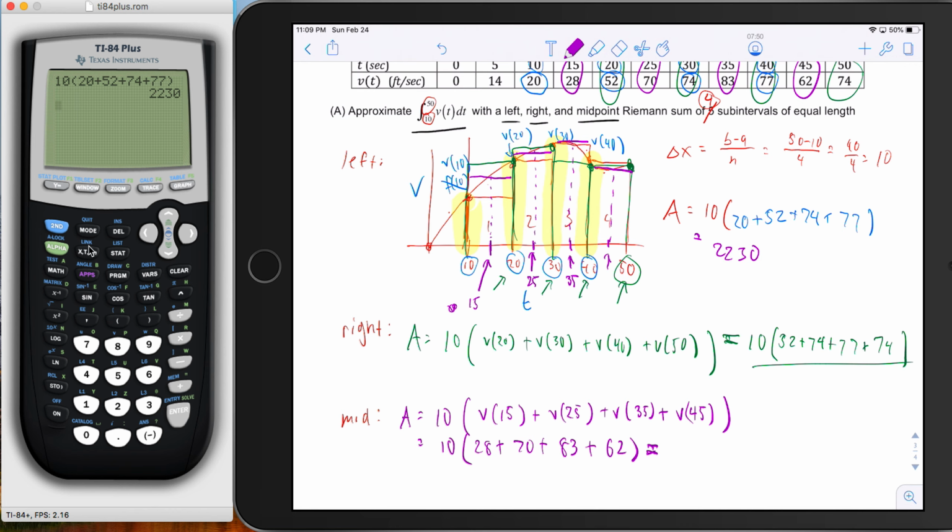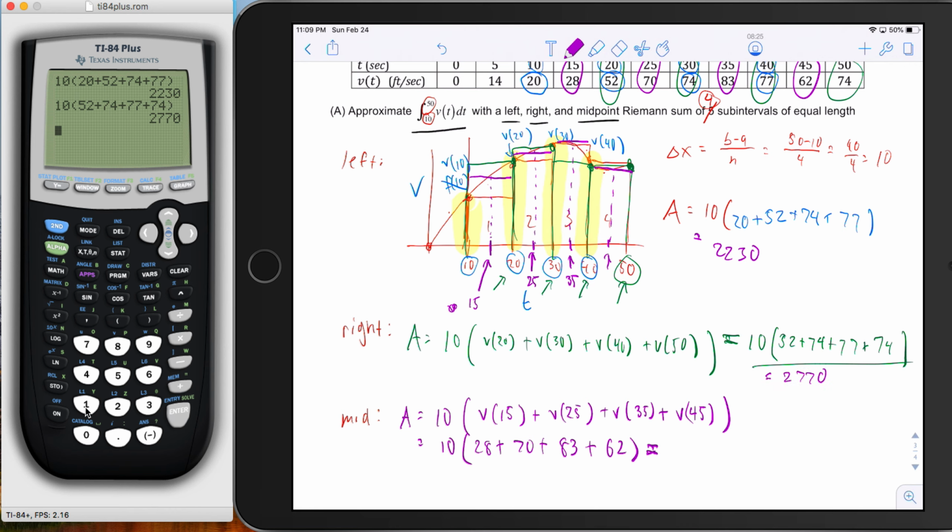Our right Riemann sum, and here's a trick, second entry to bring up everything, and we know all the numbers are the same except the, let's see, 77. So we'll need a plus 74 at the end, because we're basically just shifting over, and we're just going to take out the first one, that first left Riemann sum height, and there we go, and you get 2770.